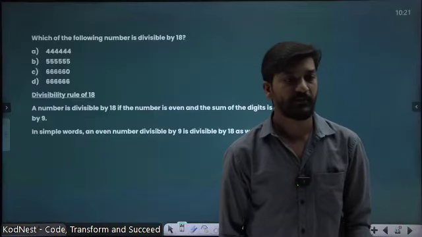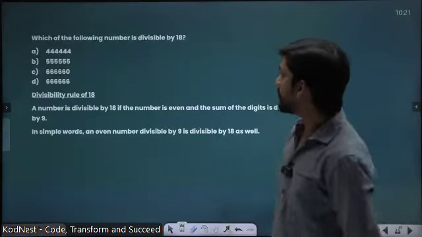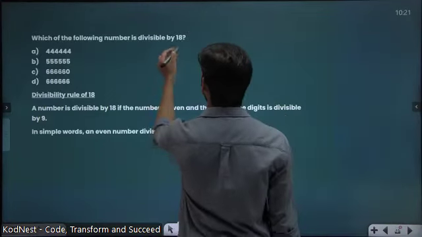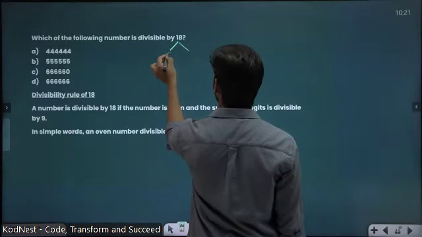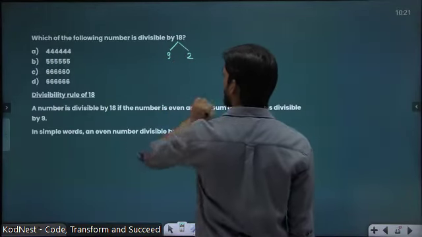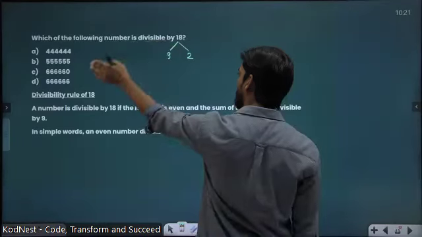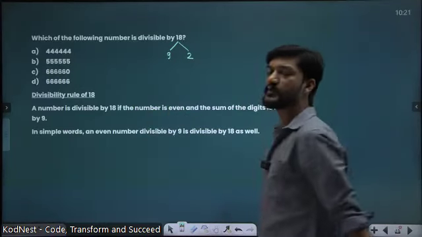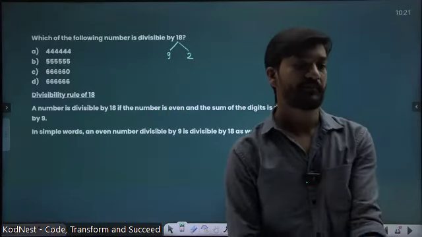So check please, which option is divisible by 18? We will not check with 18 actually, we will check with 9 and 2. So number should be divisible by 9, divisible by 2. Otherwise, wrong option. Very simple.